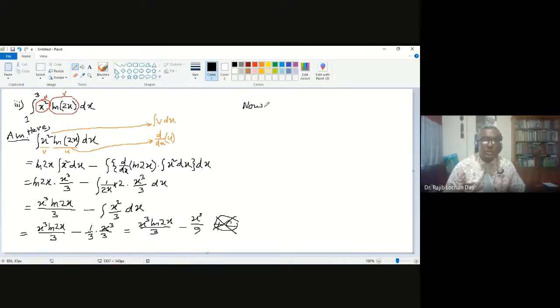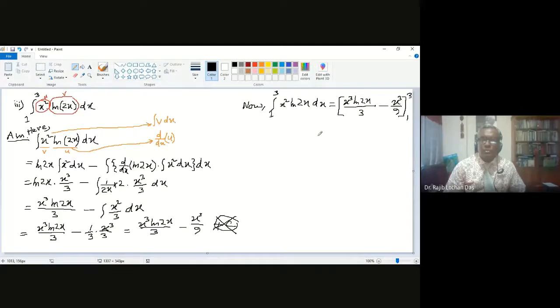So you will write, okay, now if I put the values 1 to 3, then x square ln 2x dx, this will be the answer I have got. The answer I have got is x cube ln 2x divided by 3 and then minus x cube divided by 9 and then bracket close. So lower boundary 1, upper boundary 3.